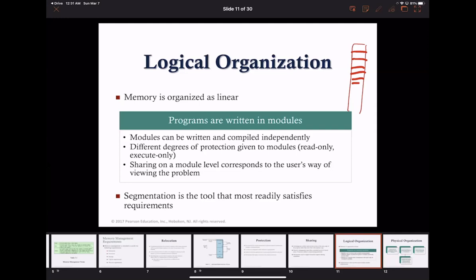Most programs are organized into modules, some of which are unmodifiable, which means they only allow read and don't allow write, and some of which contain data that may be modified.